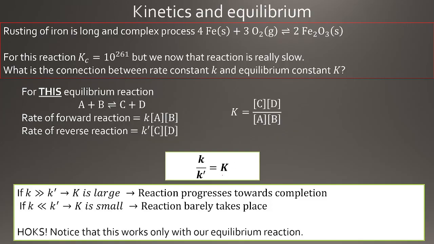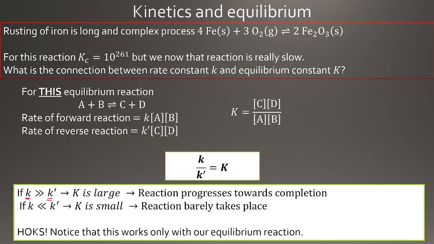equilibrium constant values. What does that mean? It means that the equilibrium lies on the right. So there are mostly products, a little bit of reactants. So if the rate constant k is much greater than the rate constant of the reverse reaction, then the equilibrium constant is large.